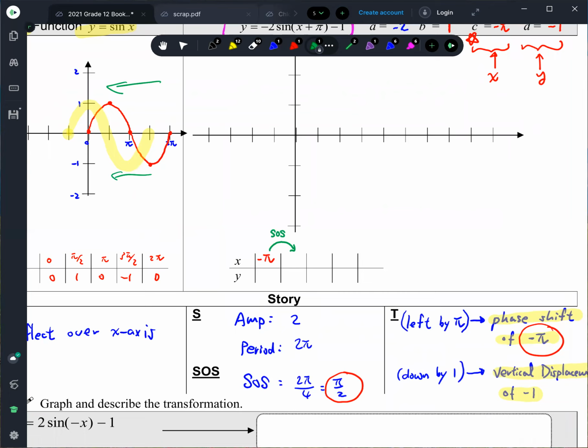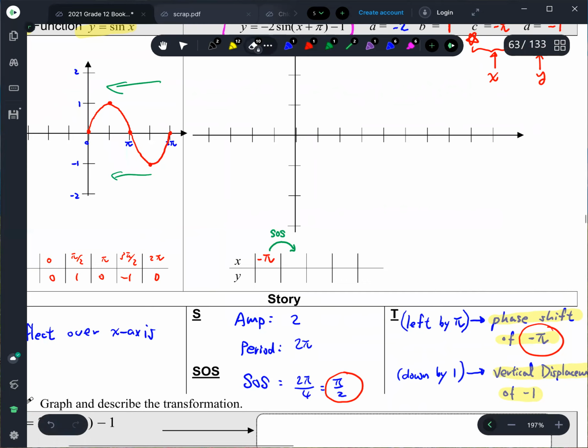Okay, so negative pi plus pi over 2. What would that equal, Philip? Negative pi. Negative pi plus pi over 2. Oh, negative pi over 2. Yeah, okay, because my sketch is a bit wrong.